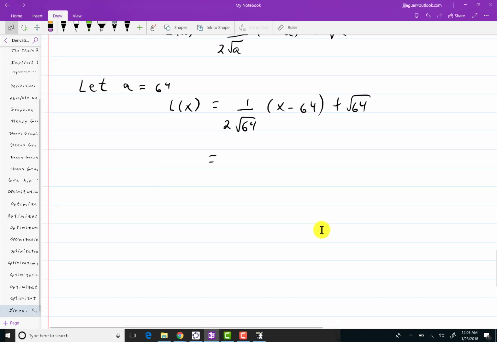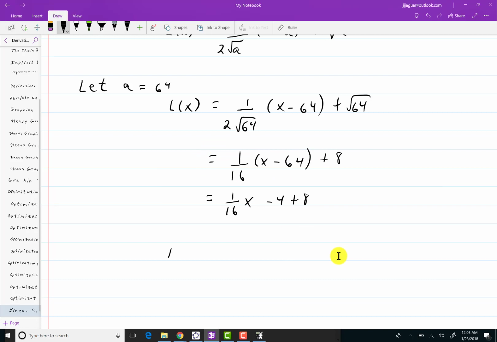This equals, the square root of 64 is 8, so I get 1 over 16 times x minus 64 plus 8. And I can even go a little farther here. 1/16 times 64 is 4, so I have minus 4 plus 8.